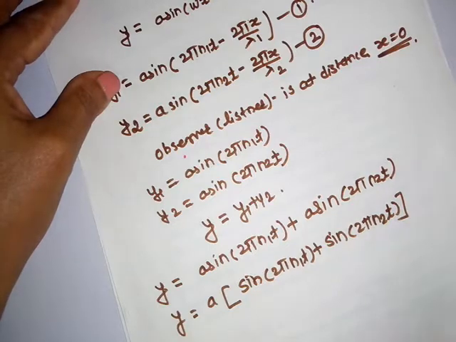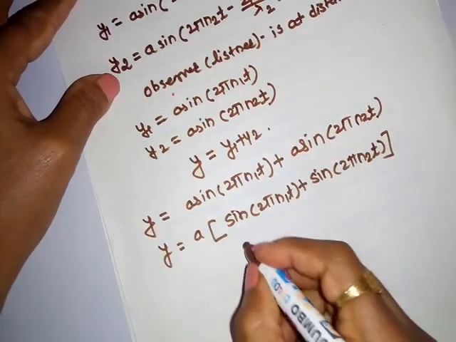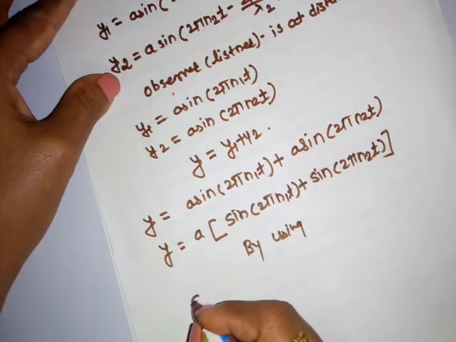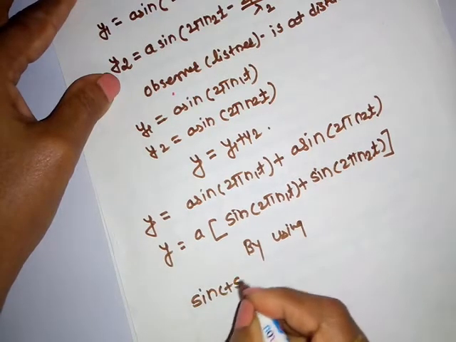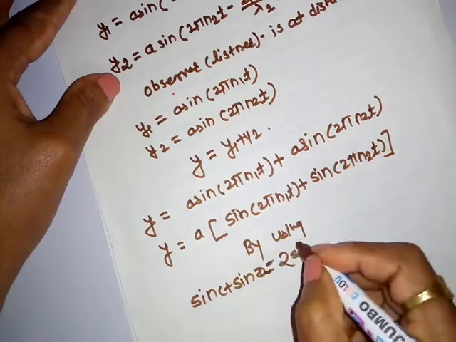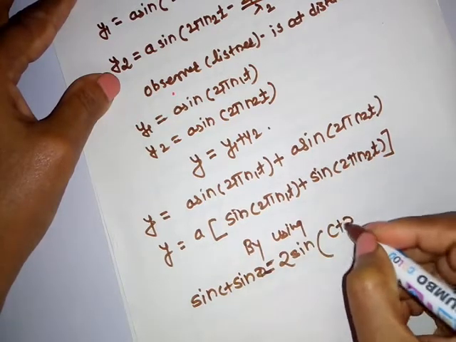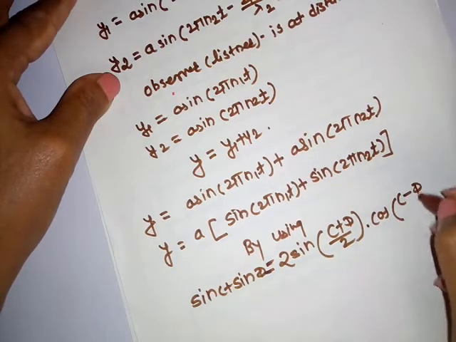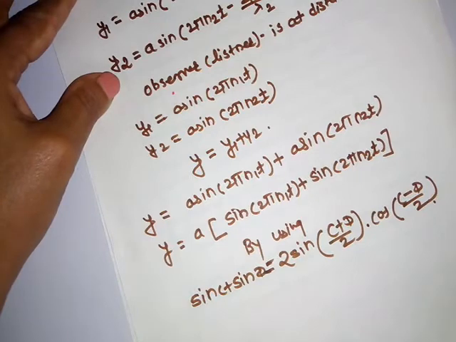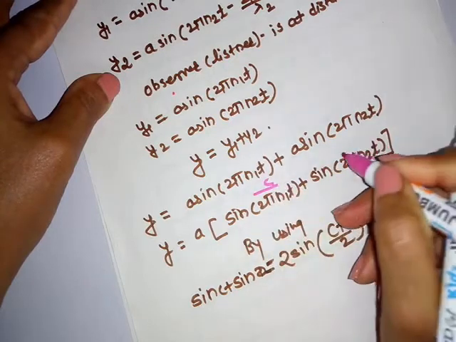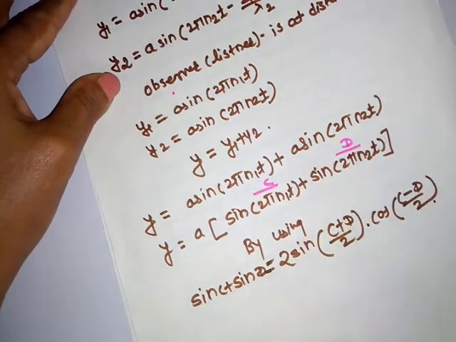Now here, by using the mathematical formula we know very well, sin c plus sin d is equal to 2 times sin((c plus d) upon 2) into cos((c minus d) upon 2). In this case 2 pi n1 t represents c and 2 pi n2 t represents d.